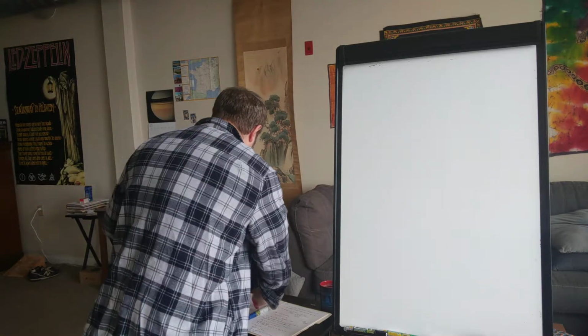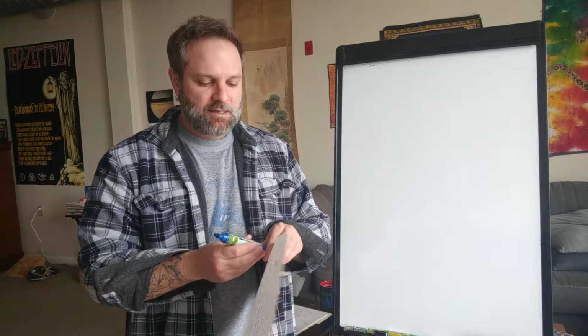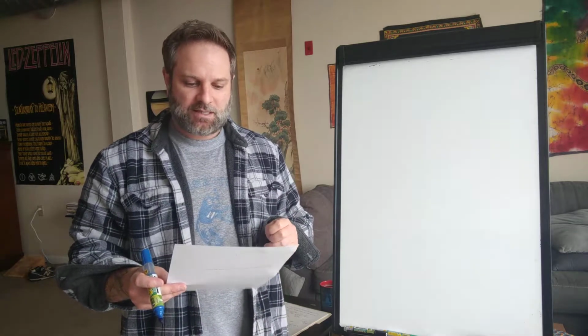Okay. So there are three processes that we talked about for decay, right? There's alpha, beta, and gamma. We talked about alpha and gamma. Now we're going to talk about beta decay, which is the most complicated one.